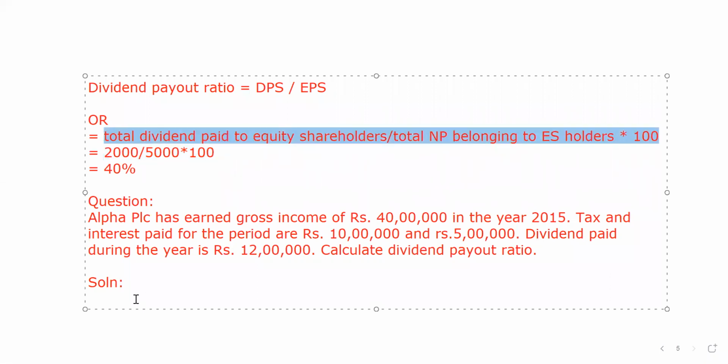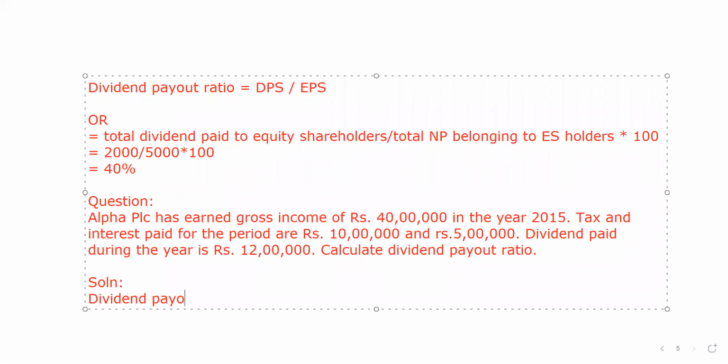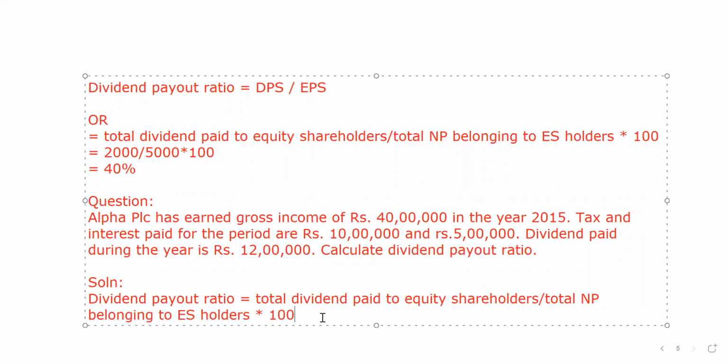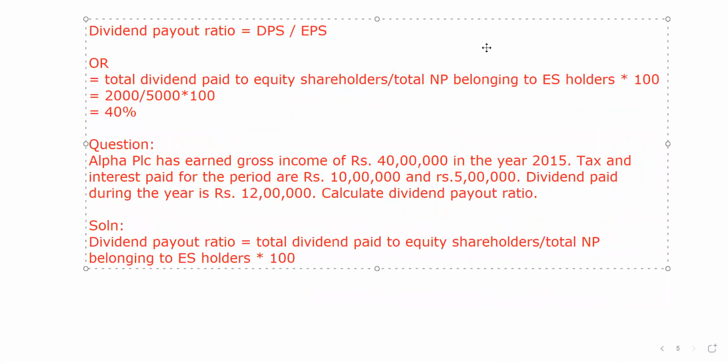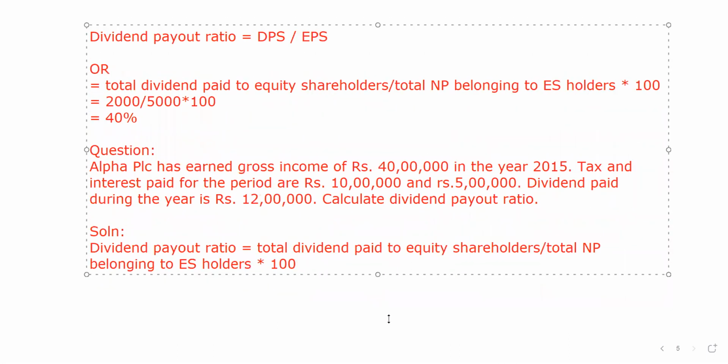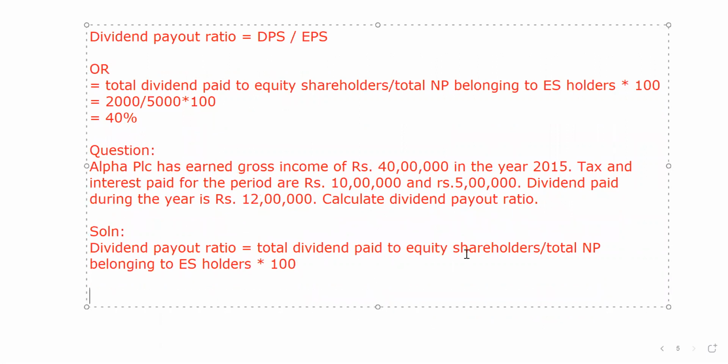Dividend payout ratio is equal to total dividend paid to equity shareholders divided by total net profit belonging to equity shareholders into 100. But we do not have total net profit belonging to equity shareholders.